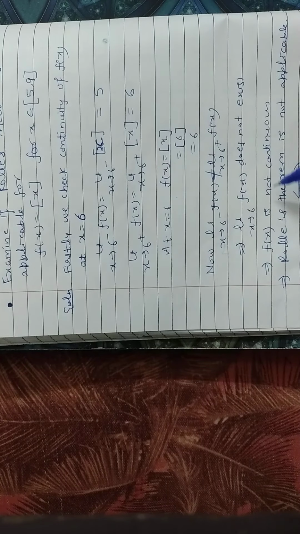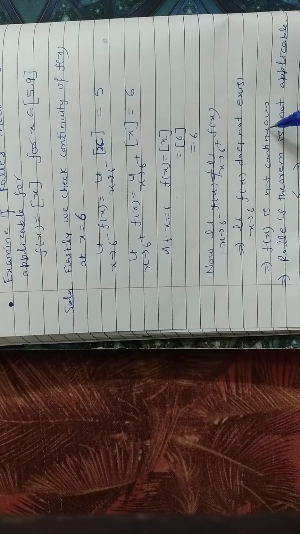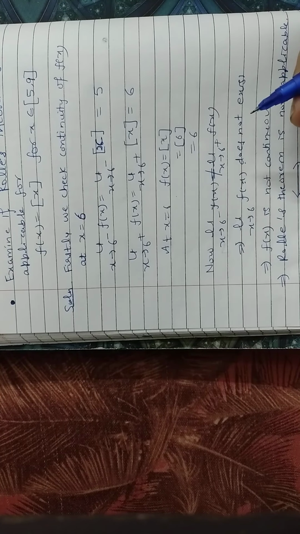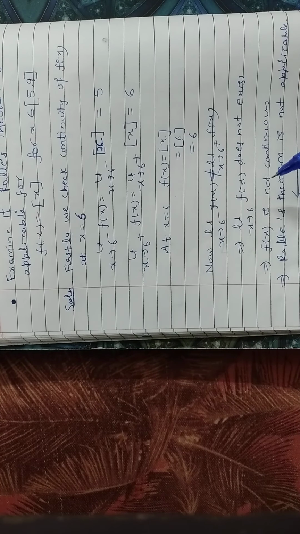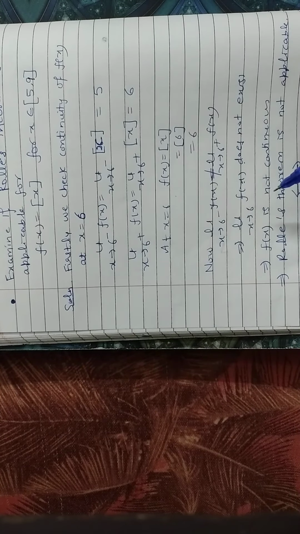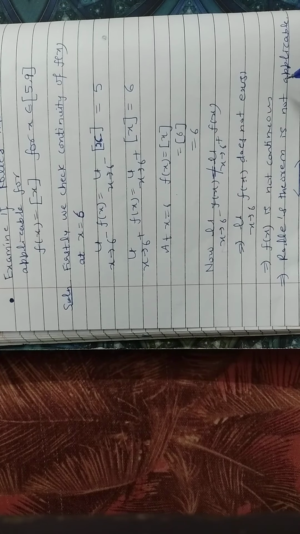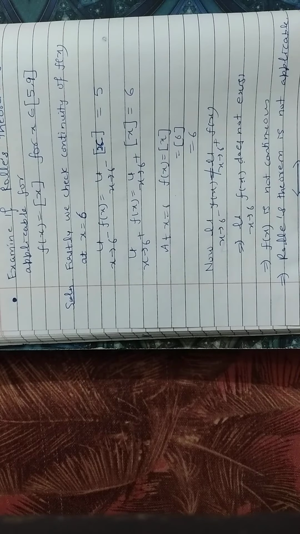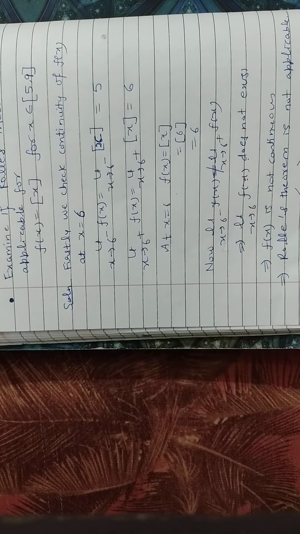Clear? So f(x) is not continuous. So the first condition is not verified, and if the first condition itself is not verified, then we will not check further. So Rolle's theorem is not applicable in case of the greatest integer function. Clear? Thank you.